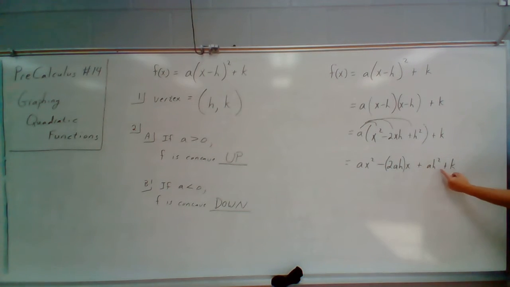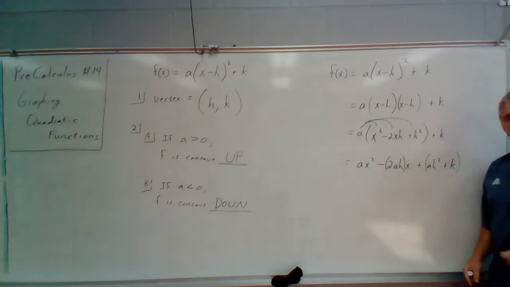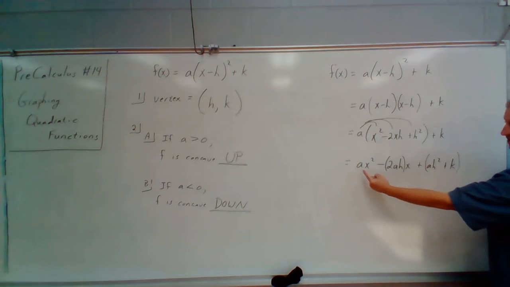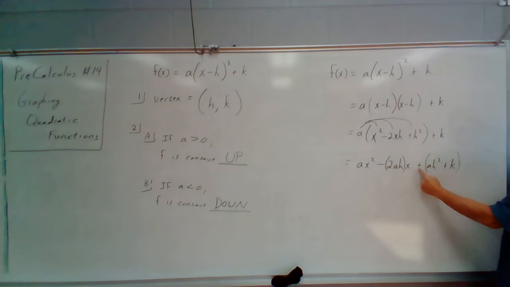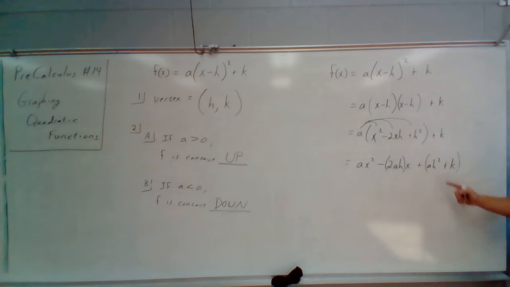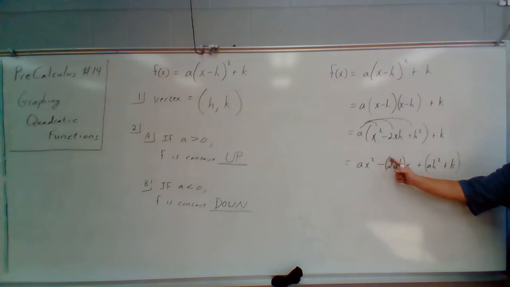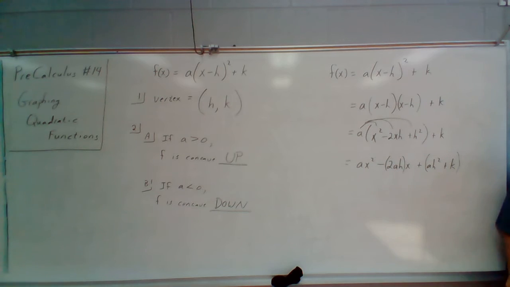Remember, the a, the h, and the k are all just numbers, so all of this out here will just be some number without an x in it. So you can see now this is written in standard form. I have ax squared plus bx plus c. So remember, c is just some number. This would just be a number. This would be your b, the 2ah.